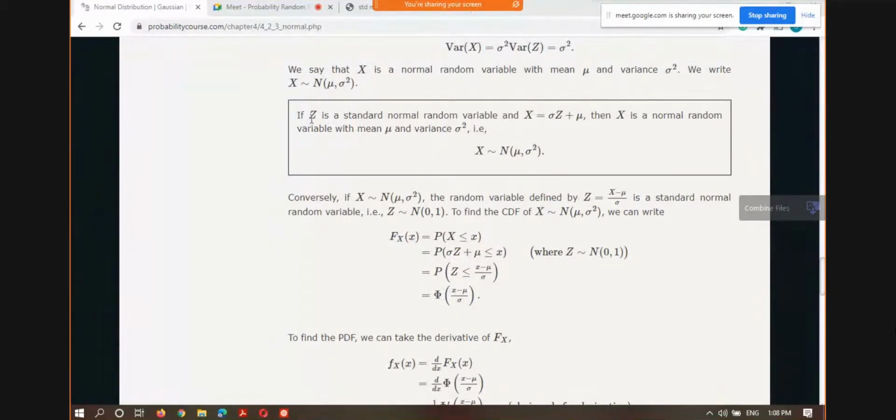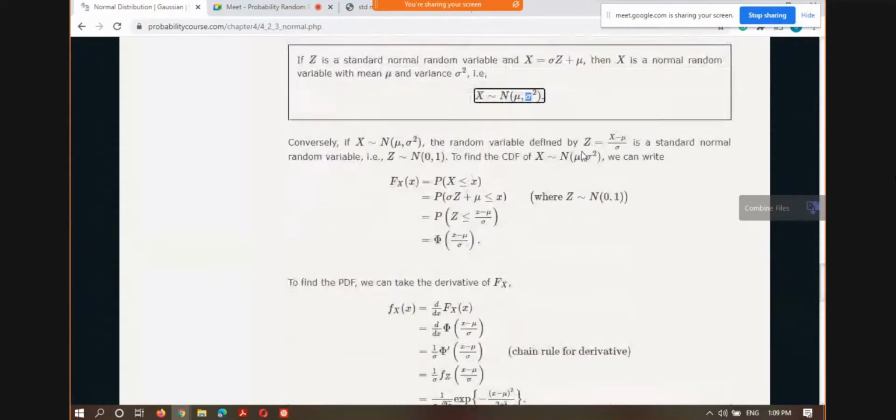If Z is a standard normal random variable and we define X equal to sigma Z plus mu, then this X becomes a normal random variable with mean mu and variance sigma square.